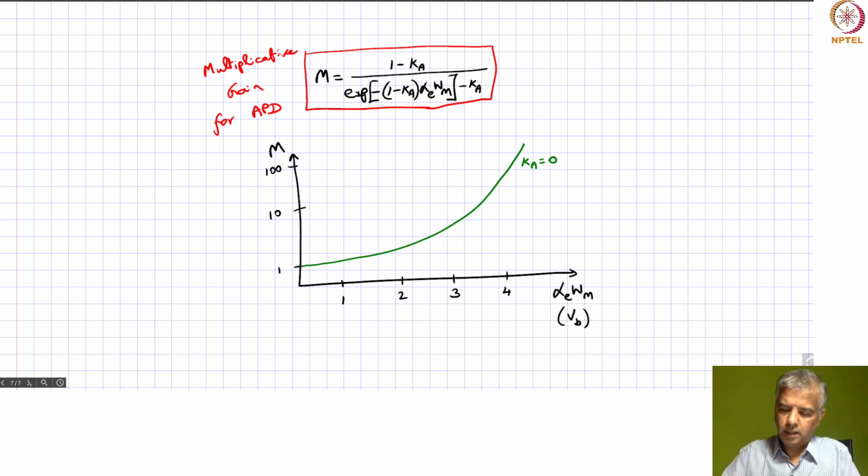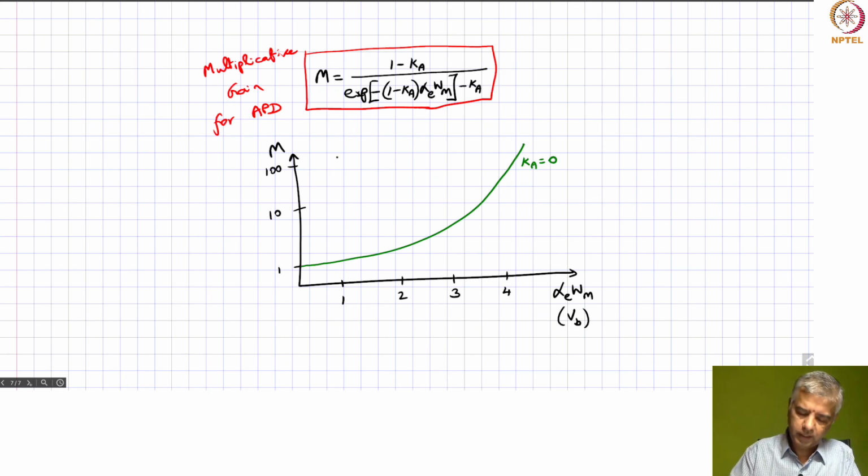And then the other condition is when Ka equals 1. If Ka equals 1, then this becomes 1, and if you substitute here, this is also 1, so that's 0. So 1 minus 1, the denominator is going to be 0. So that's indeterminate. You use L'Hospital's rule, and then you work it out.